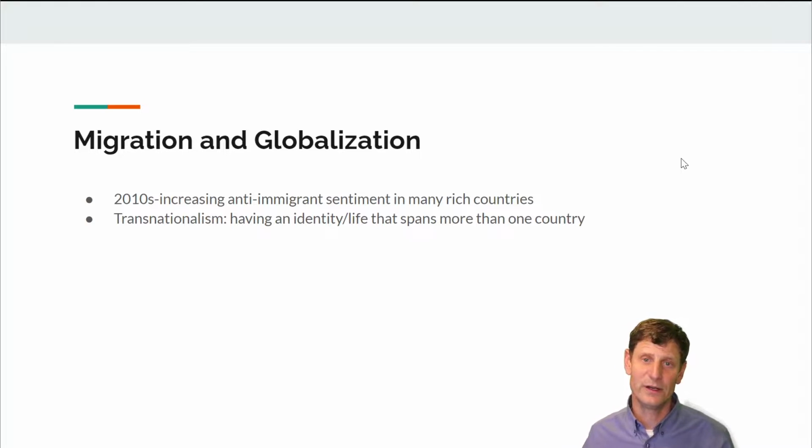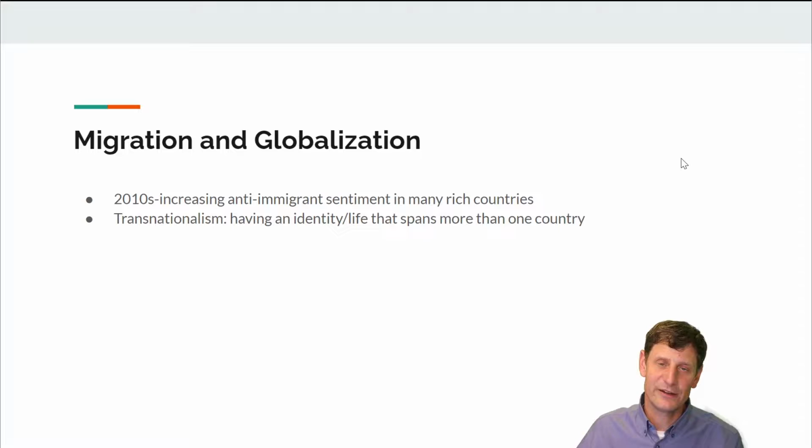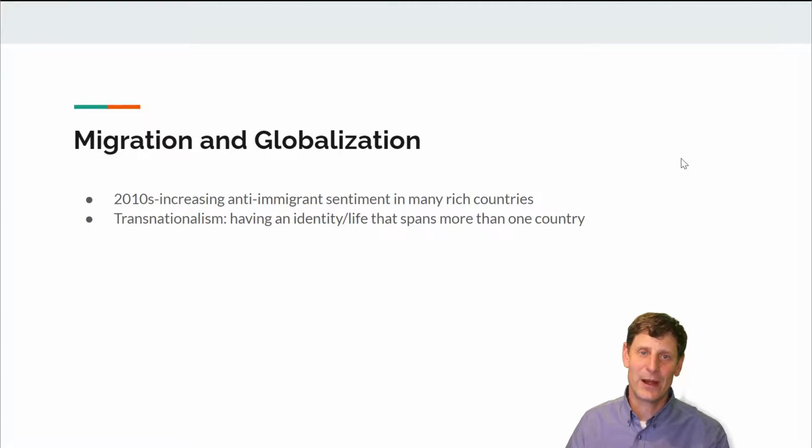And in the mid 2010s, we saw a really strongly increasing anti-immigrant sentiment in places like the United States, but also in other countries in Europe, for example, where political parties that had sometimes explicitly anti-immigrant policies as their platforms, sometimes a little bit more nuanced than that, but still a strong anti-immigrant sentiment as part of their political rhetoric, came to power in many places around the world, including the U.S. and in Europe.